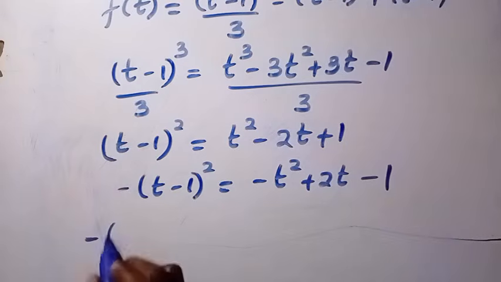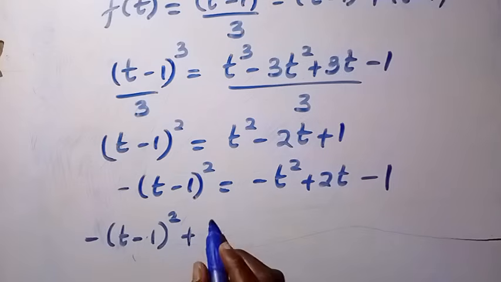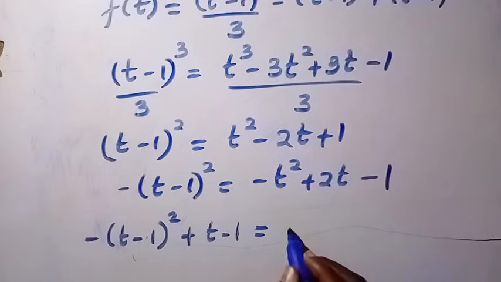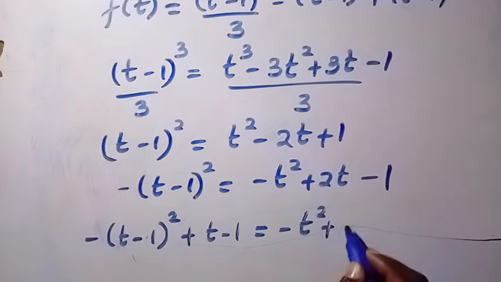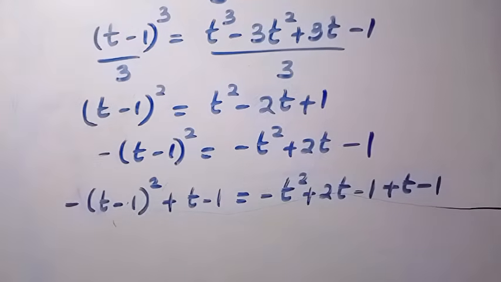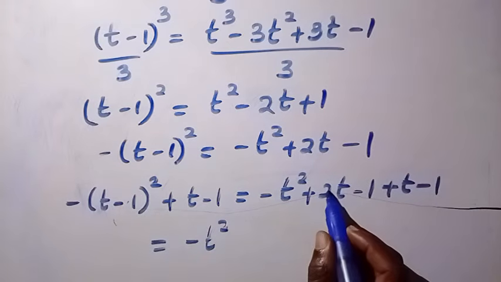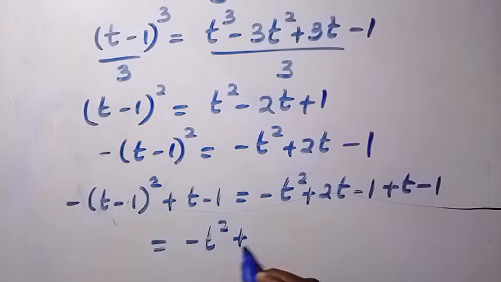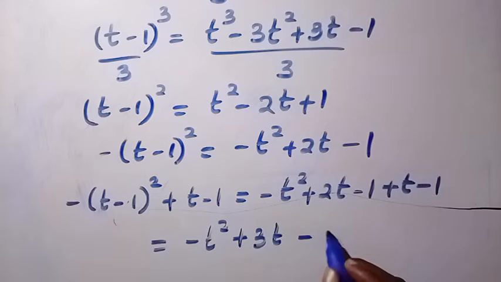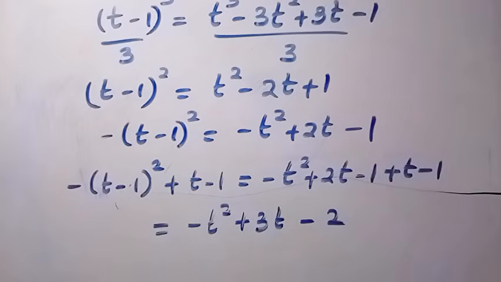And if I add this to plus t minus 1, this gives us minus t squared plus 2t minus 1, then plus t minus 1. Makes sense? So this equals minus t squared, minus 2t plus t, that is plus 3t, minus 1 minus 1, that is minus 2. Let's try to bring all this together.